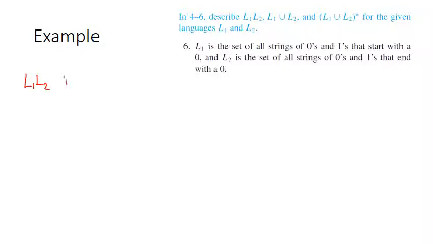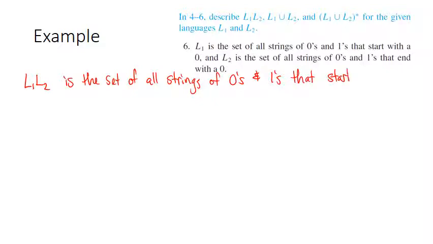So this is going to be the set of all strings of zeros and ones. So the one in the front is going to start with a 0. And the one in the back is going to be from L2, so that's also going to end with a 0. So when you concatenate those two, it'll start with a 0 and end with a 0.